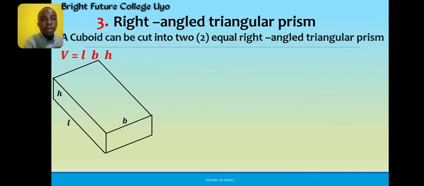Now, if this cuboid, if I cut it into two equal right angle triangular prisms, let's say I get a scissors or something and I cut this cuboid. Look at the manner in which I'm cutting it.